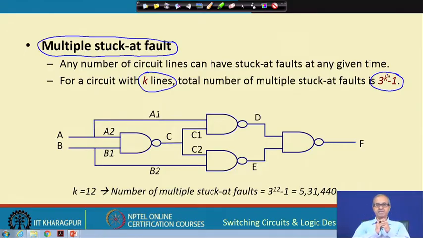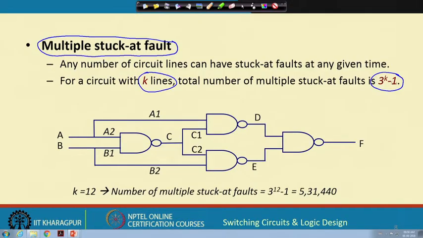You just imagine like this circuit has k number of lines. Think of each of the individual lines one at a time. Say the first line, it can be in 3 different states. It can be stuck at 1, it can be stuck at 0 or it can be good, fault free. The second line can also be in one of 3 states, stuck at 0, stuck at 1, fault free.